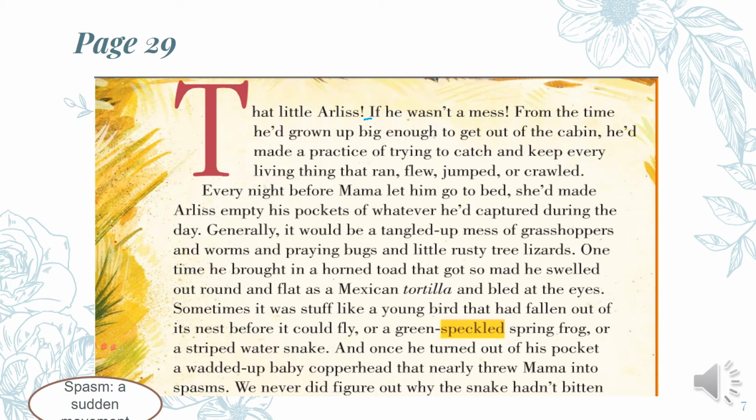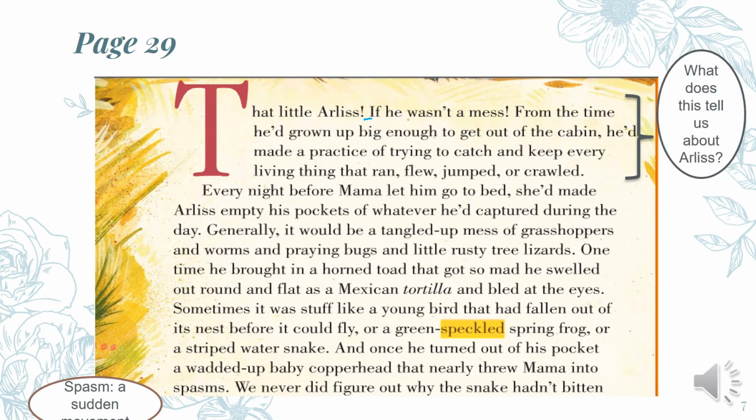So little Arliss is gathering all kinds of living things that can run, fly, jump, and crawl. Oh, this is creepy. Okay, what does this tell us about Arliss? That Arliss likes animals, that Arliss is a mess, that Arliss doesn't think before he grabs the animal that he loves.